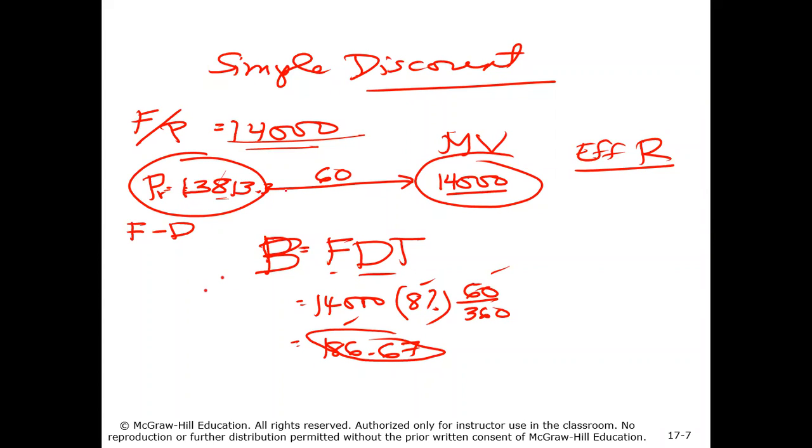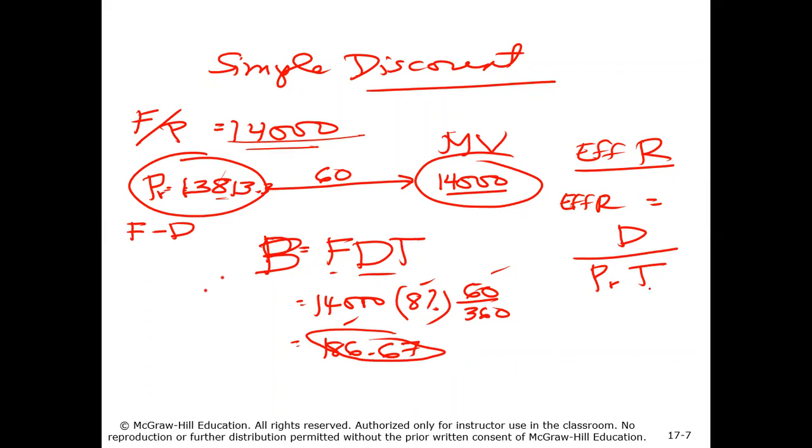Earlier we were able to show that for a simple interest, the effective rate will be the same as your stated rate, 8%. How about for a simple discount? What is our effective rate? Let's compute for that. Our effective rate is simply equal to the interest, or in this case the discount, divided by the proceeds times your time.